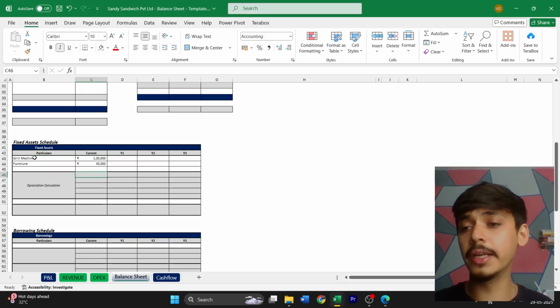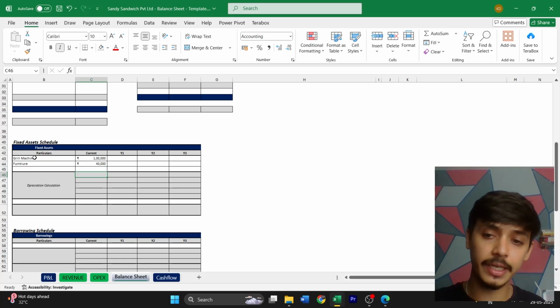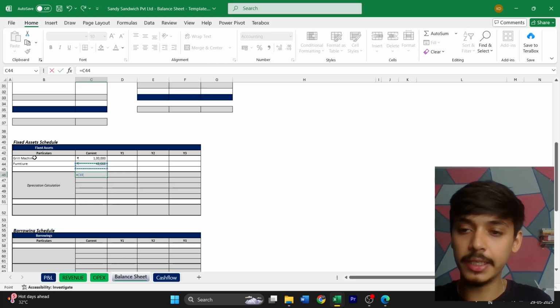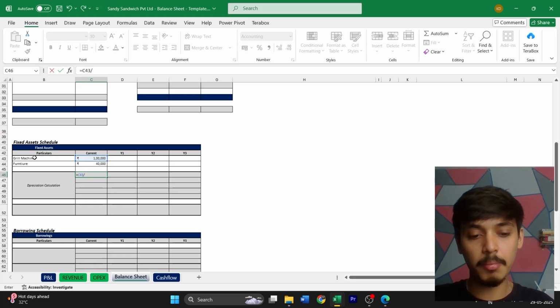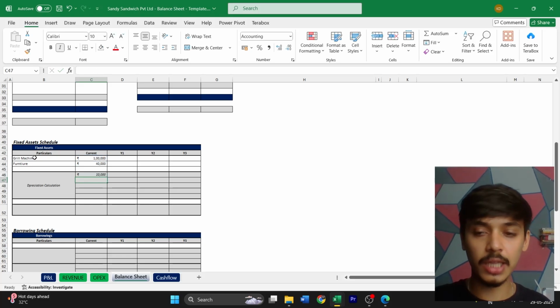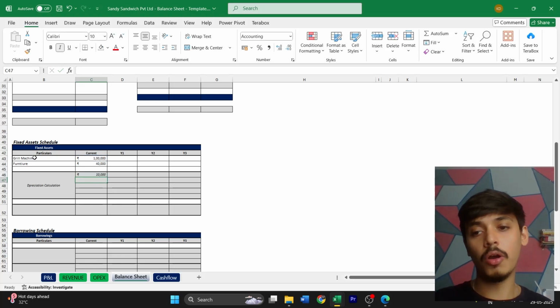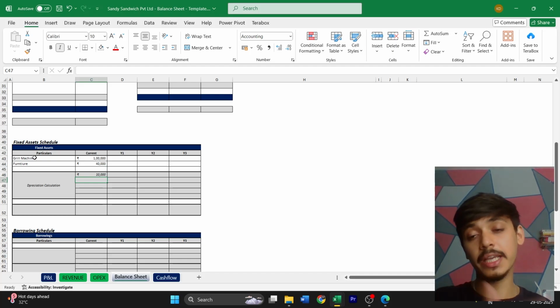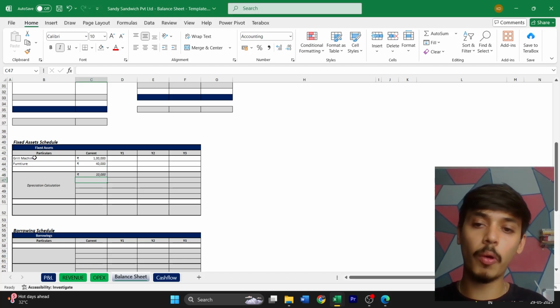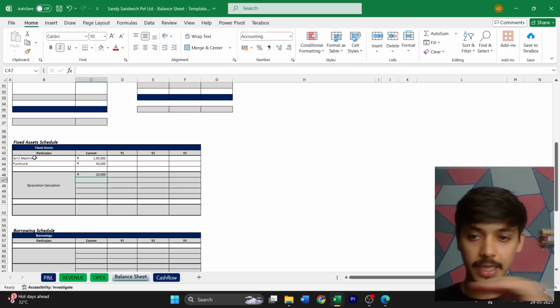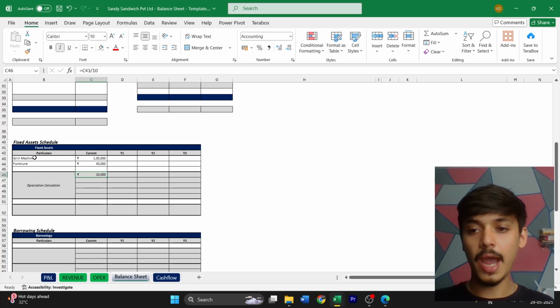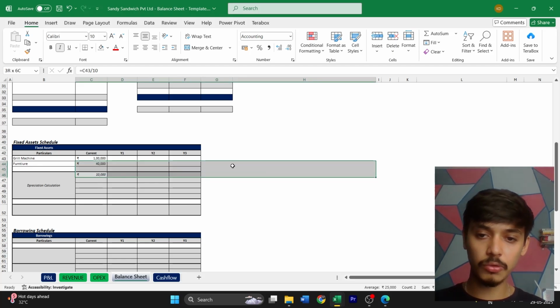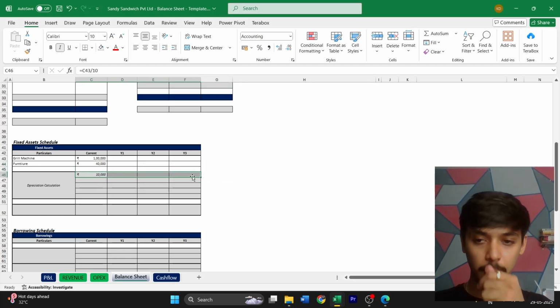So we know that the grill machine is depreciated over 10 years. So we will select this grill machine divided by 10. So we get 10,000 as our amount of depreciation for year 1. Now this depreciation is done for the next 10 years. But since we are modeling for the next 3 years, we will scale this to 3 years only. It will go up to 10 years, but since the model is small, we will plug in up to 3 years.